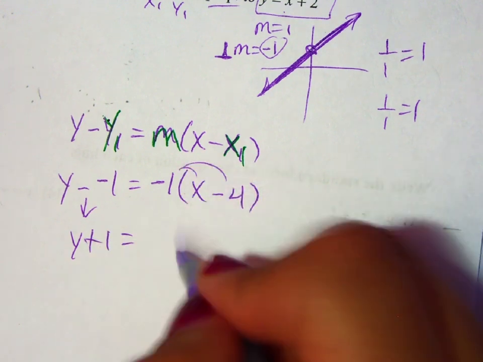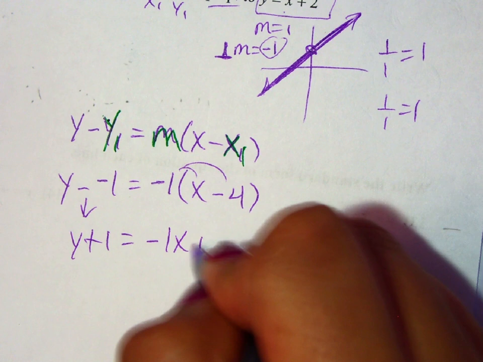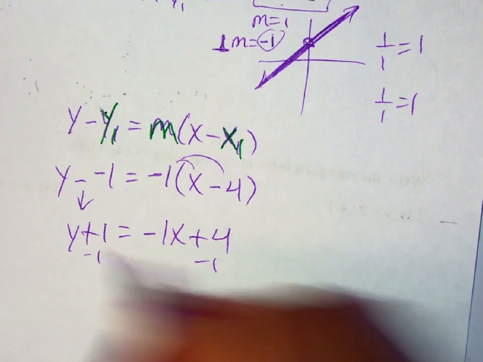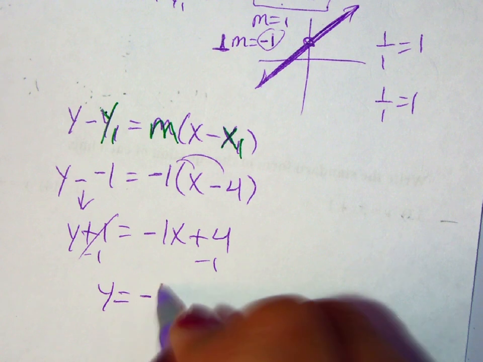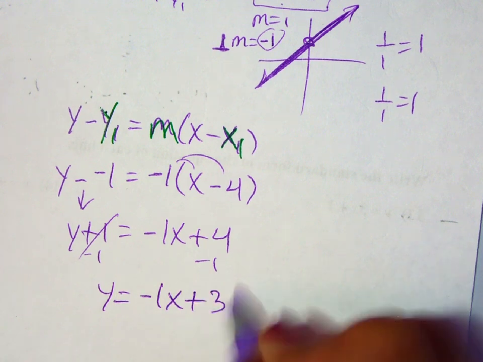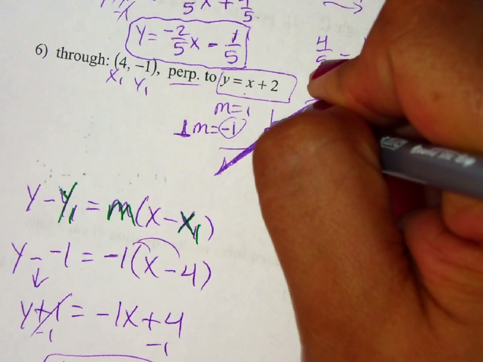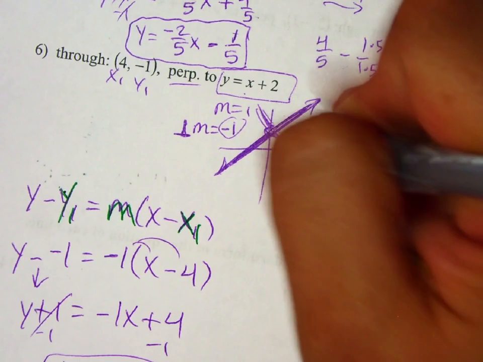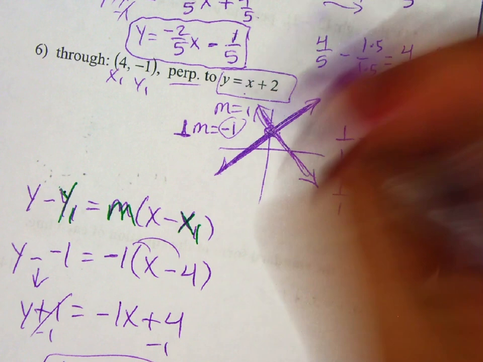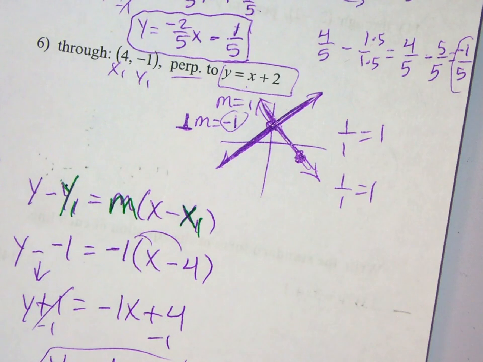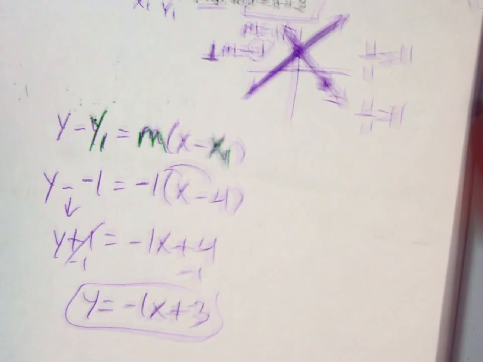Negative 1 times those will give you negative 1x plus 4. Then to finalize, we subtract 1 and y equals negative 1x plus 3. So if we look at that, we're going to have it going down, and it should go through 4, negative 1 right here.